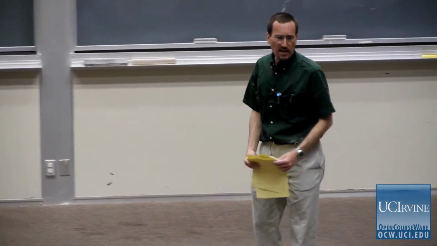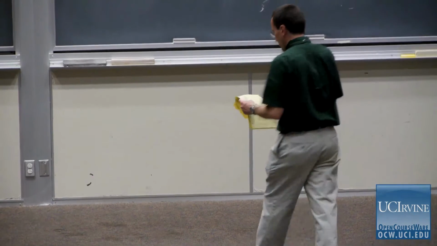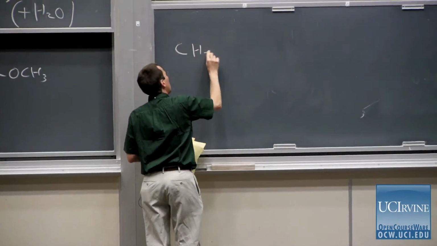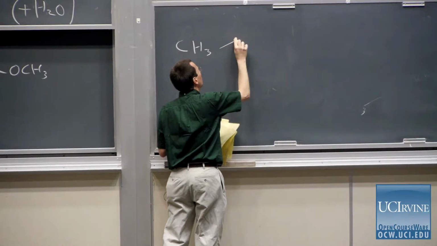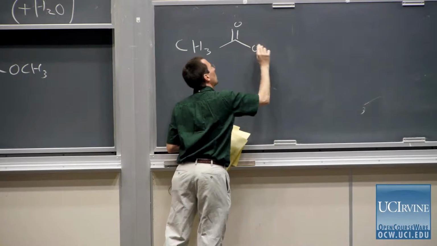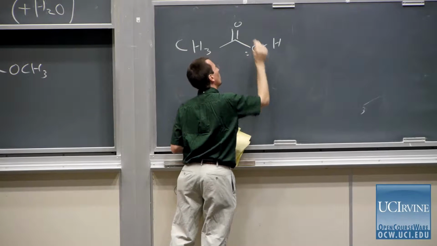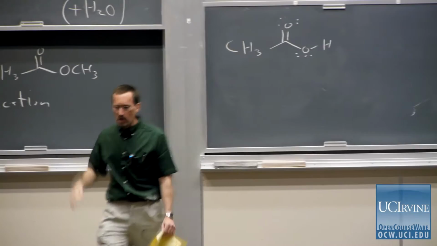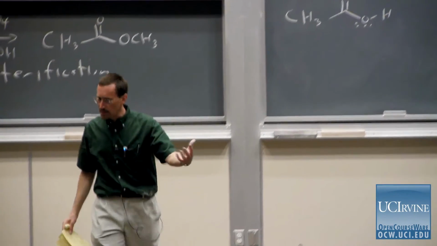All right, let's take a look at the mechanism of the reaction. So in acid, protons go on and off all different lone pairs. Any lone pair that's weakly basic is going to get protonated. It's an equilibrium.